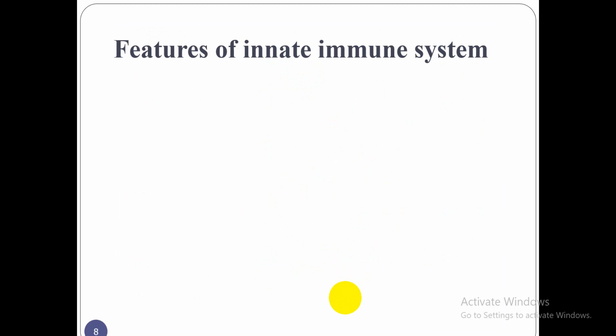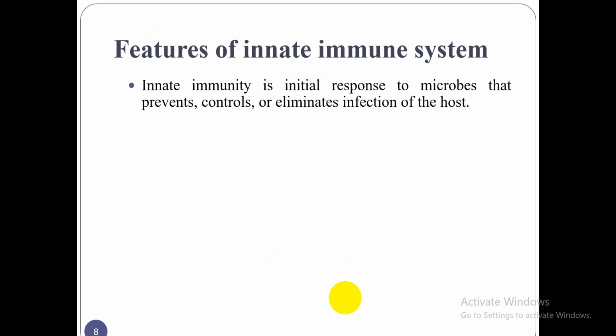The important features of innate immune system are these features. Innate immunity is the initial response to microbes that prevents, controls, or eliminates infection of the host.